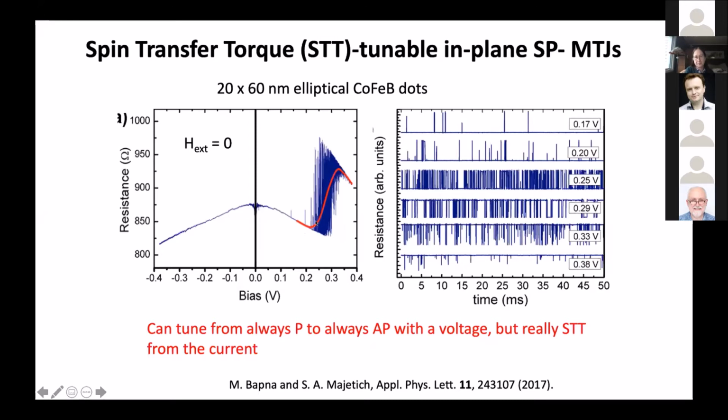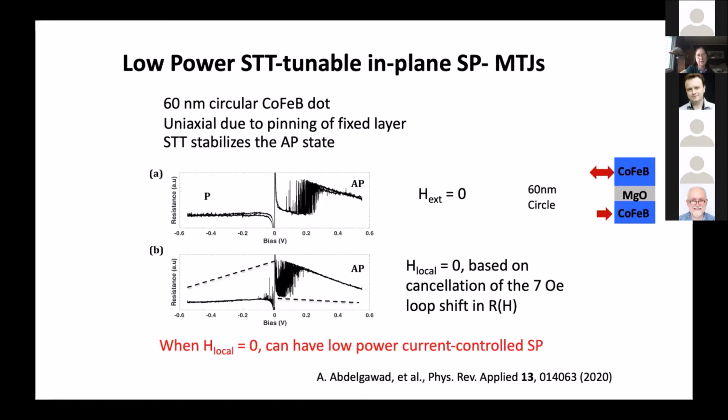So one of the things that we did was to go to smaller dots and circular dots. Same diameter, but circular. It's based on the magnetostatic offset, no external field, but an internal magnetostatic field. We do have an offset, but if you cancel that, and it's just a 7 Oersted field, then you can shift this to around 0.